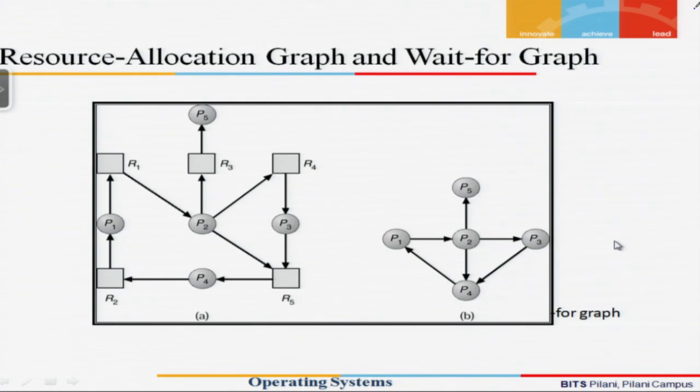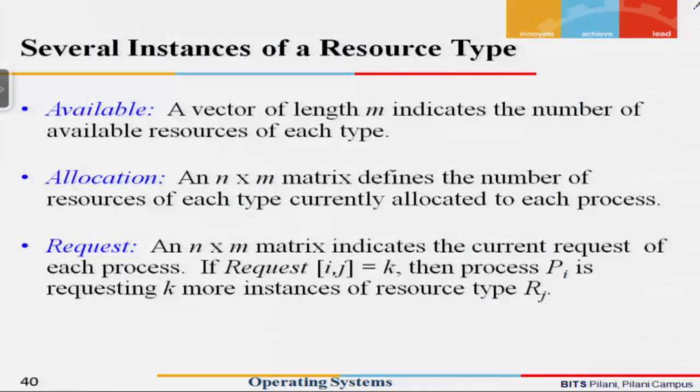We can see clearly that this particular approach would purely work for the case when we have single instances of resources. And in this algorithm, whenever a new request has to be made, the wait-for graph has to be generated, and one has to check for the cycle.